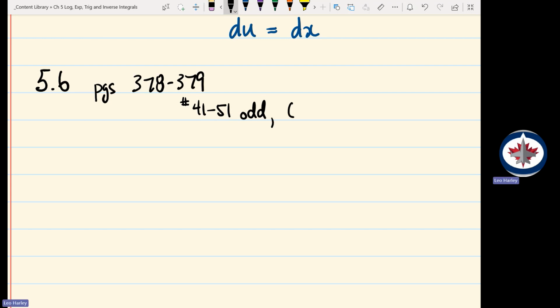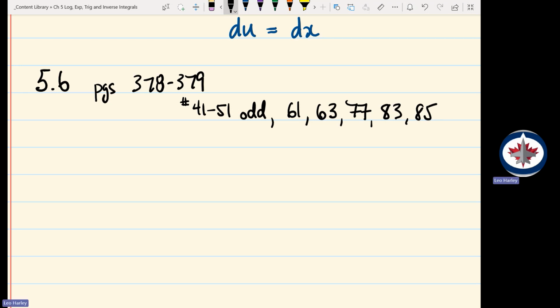And then 61, 63, 77, 83, 85. And these are all derivatives.